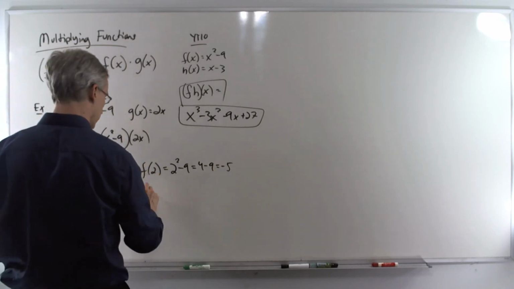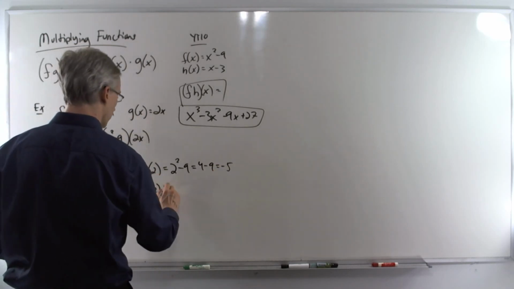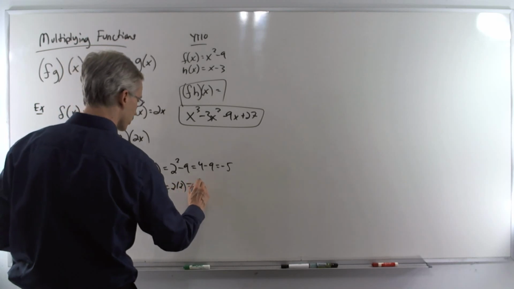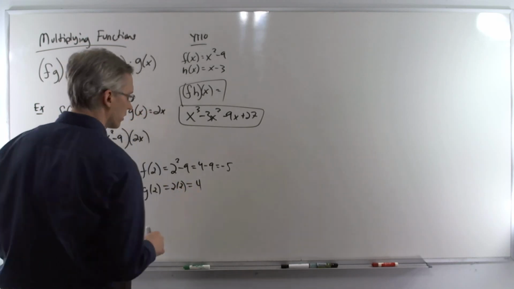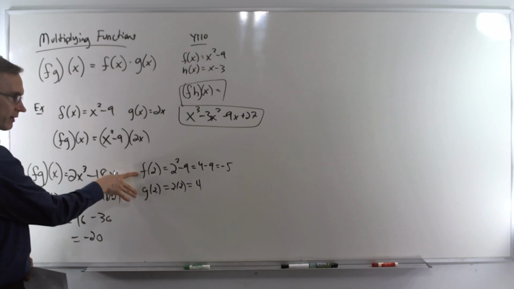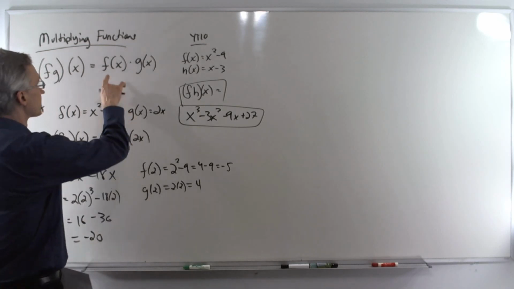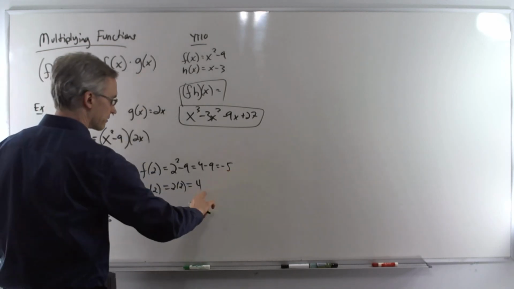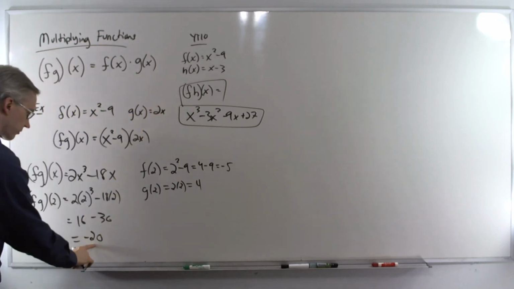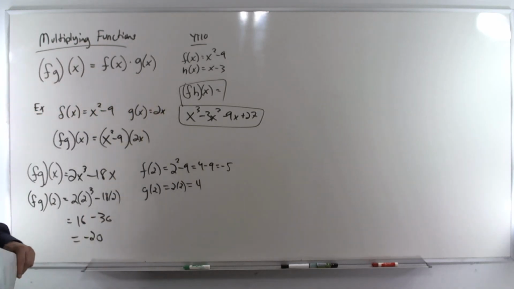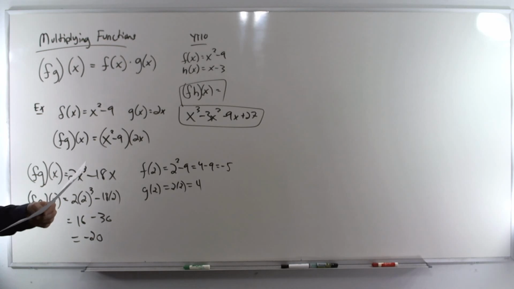And g of 2 is 2 times 2, which is 4. Now we've gotten the two answers individually. Now let's multiply them together, just like this. Negative 5 times 4, negative 20, just like we got doing it the first way. So either way you do it, you get the same answer.